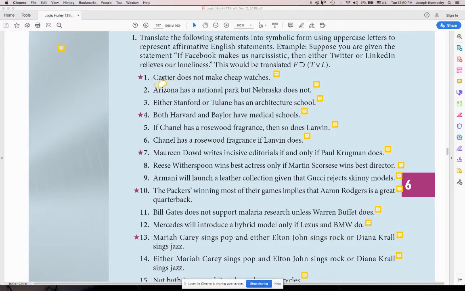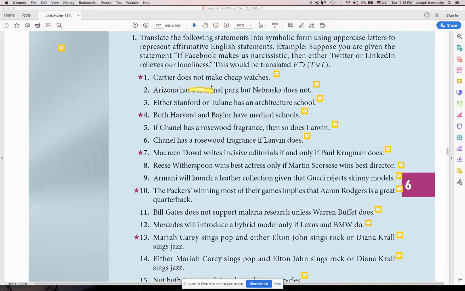So statement 1, Cartier does not make cheap watches. This right here is a simple statement, and we can symbolize this whole statement using one letter. What I would suggest is taking the first word out of each one of these and choosing the first letter of the word. So C for Cartier, right? Inside of this, we'll see a keyword stand out: not.